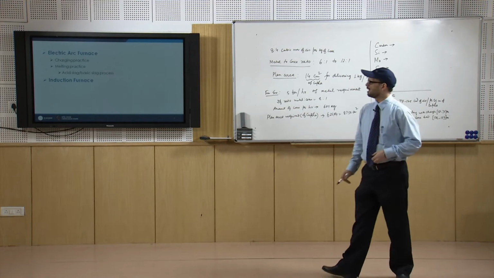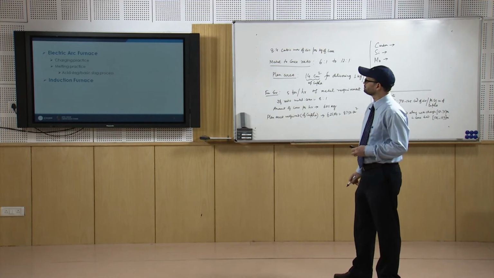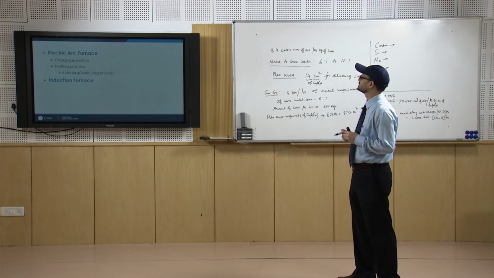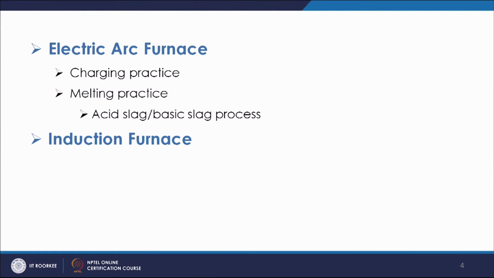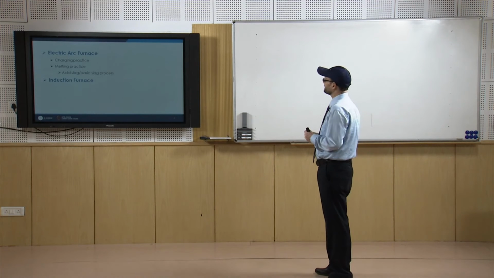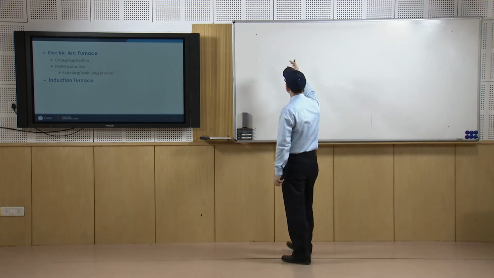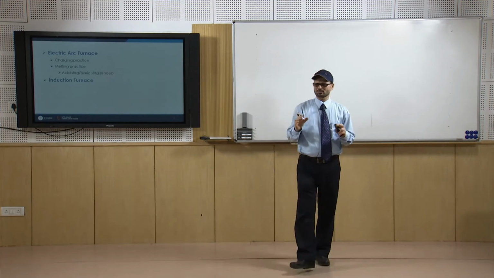Then we will come to the requirement of the practice of melting in case of electric arc furnace. In the electric arc furnace, as we know, there is a typical electric arc furnace known as Heroult furnace.